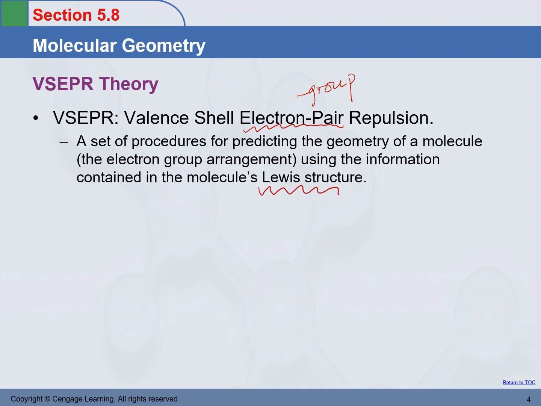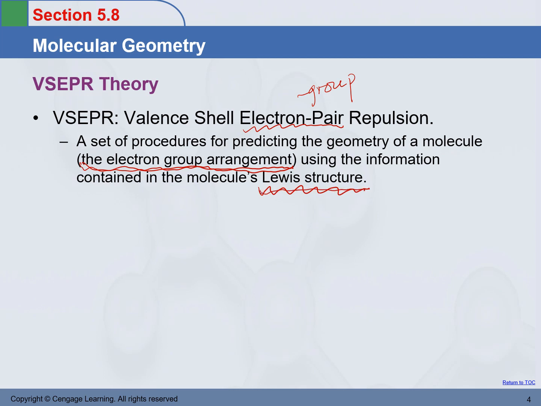We need the Lewis structure of the molecule in order to predict the electron group arrangement around the center atom. Let me repeat that again. In order to predict the electron group arrangement around the center atom, we need to know the Lewis structure.